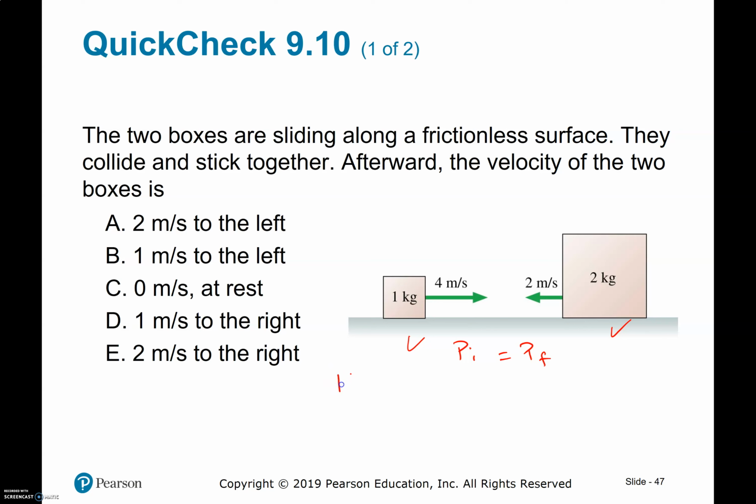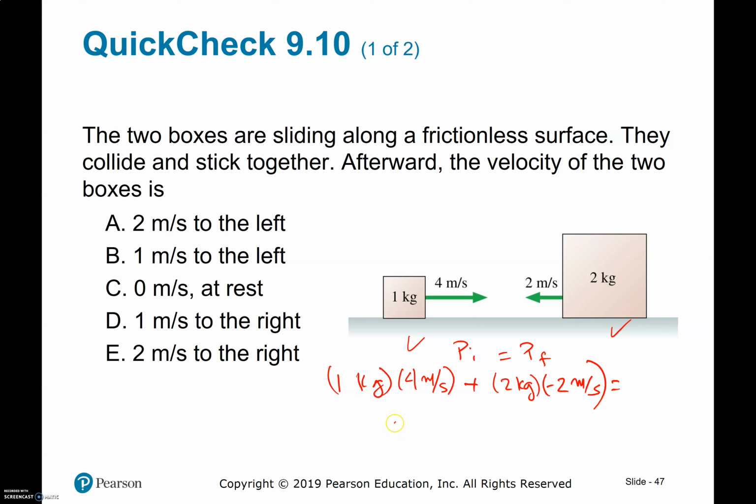Well, it's the mass of 1, which is 1 kilogram, times the velocity of 1, which is 4 meters per second, plus the momentum of the second mass, which is 2 kilograms, times the velocity of the second mass, that's minus 2 meters per second, because it's going in the negative direction. That's equal to the final momentum.